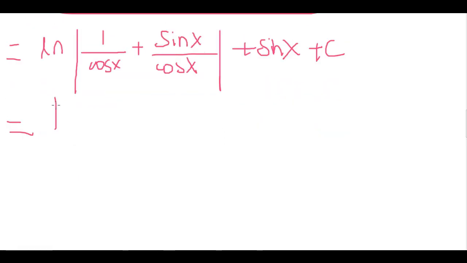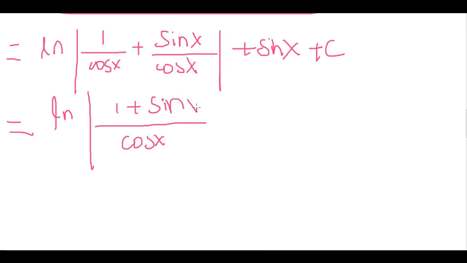plus c. We can simplify this: if you take the common denominator, you have cos x at the bottom, and on top you have 1 plus sin x.